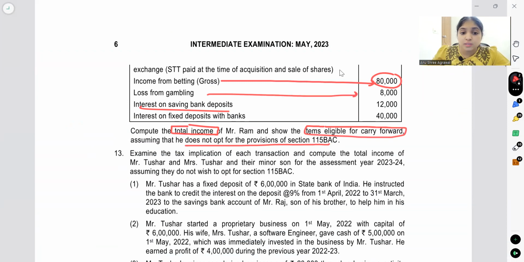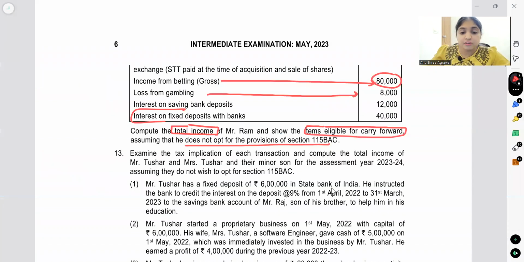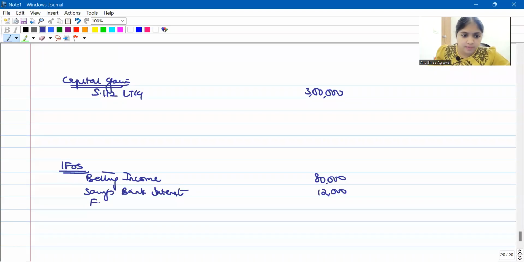Then we have interest on saving bank deposits. So even this will go to our IFOS head. So we have savings bank interest. How much? 12,000. And then we have interest on FD with banks. We have FD interest of 40,000.